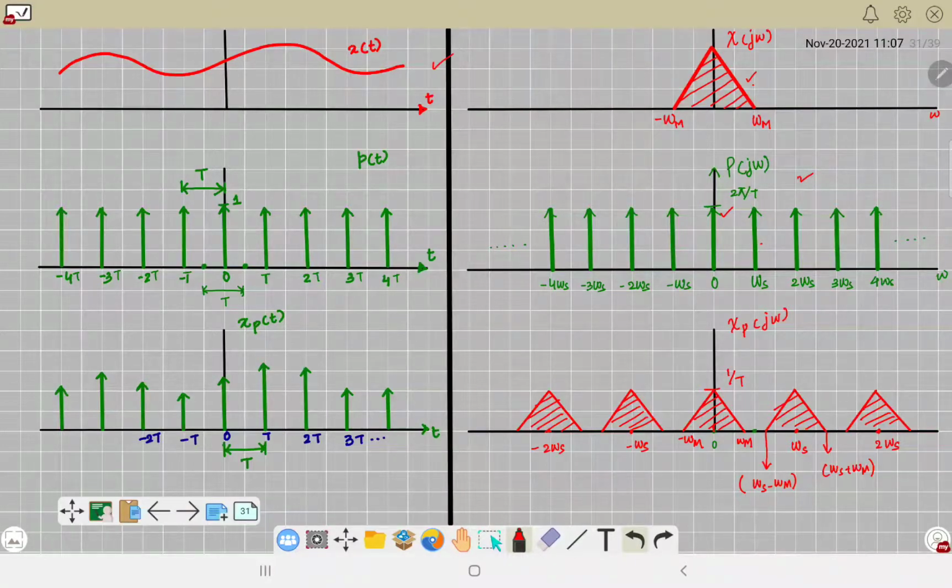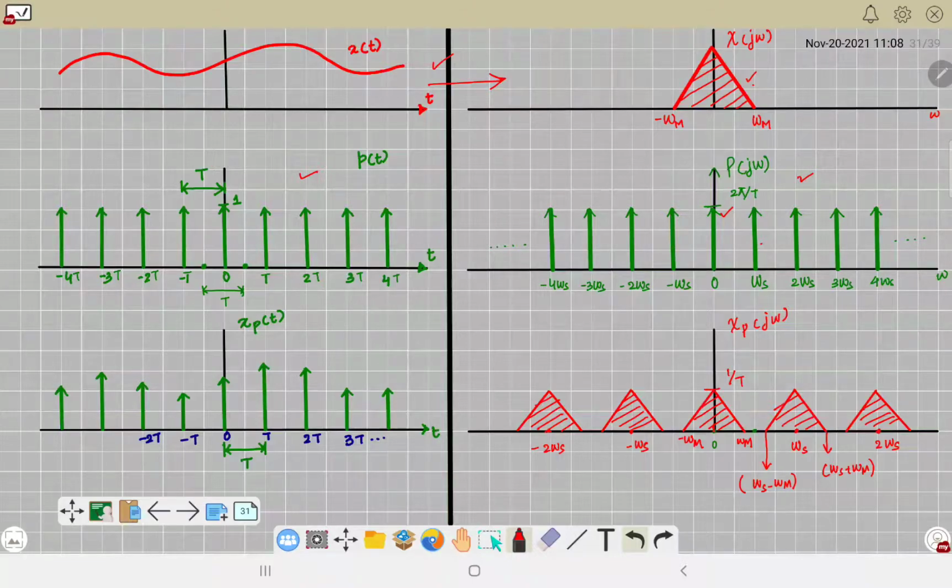But when we did the analysis in the frequency domain, we found that our input x of t will have some band of frequencies from minus ω_m to ω_m. Then our periodic impulse train, in the frequency domain, will again be a train of impulses. In the time domain, the individual impulses were separated by a time period T. In the frequency domain, these impulses are first scaled in amplitude by 2π by T, and they are separated in frequency by an amount ω_s.